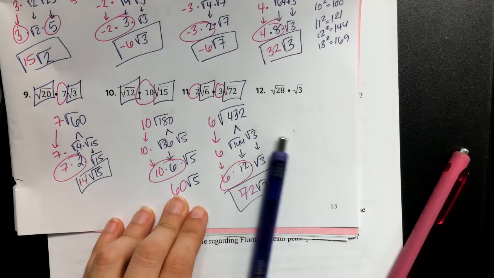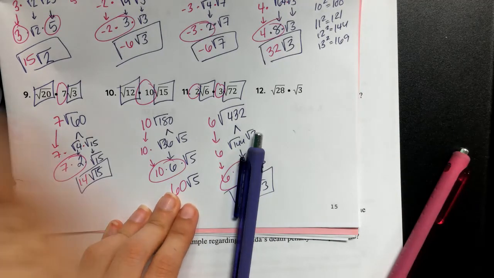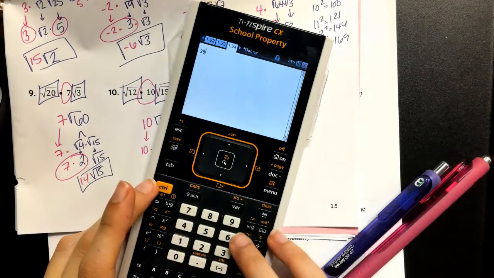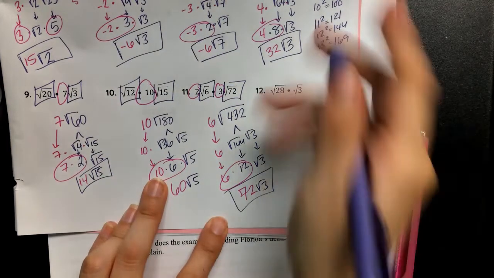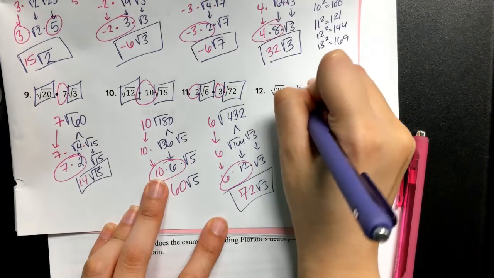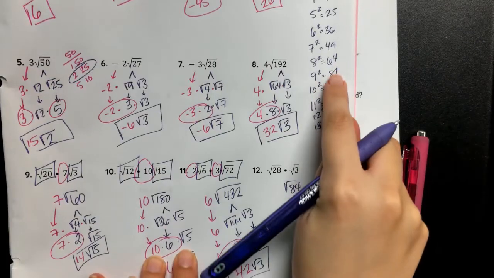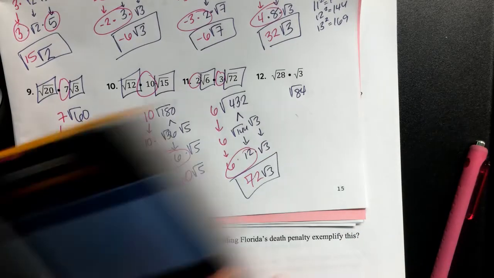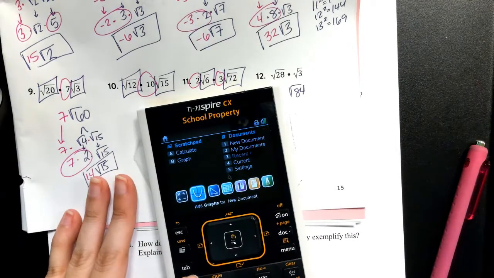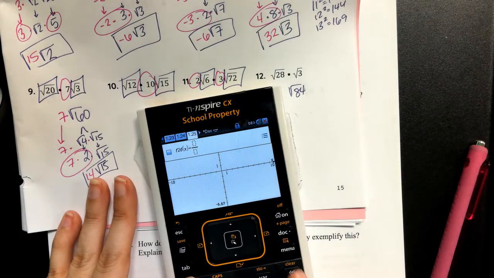Last one, 28 times 3 is 84. Square root 84. Now that looks like 64, but it's not 64. So we still have to look for perfect squares. 84 divided by x.